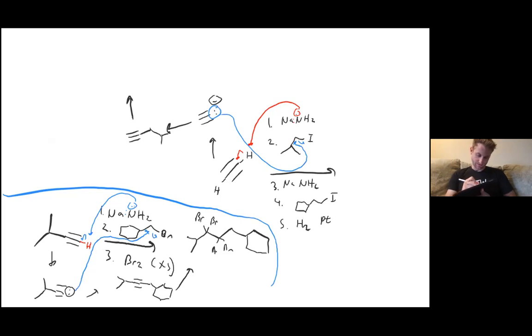So another NaNH2 gets us to another negative charge. I'm just going to redraw that haloalkane over here. It looks like a 5-membered ring, 2 carbons and an iodine. So our triple bond is going to replace that iodine.